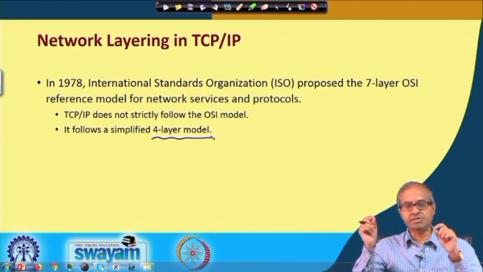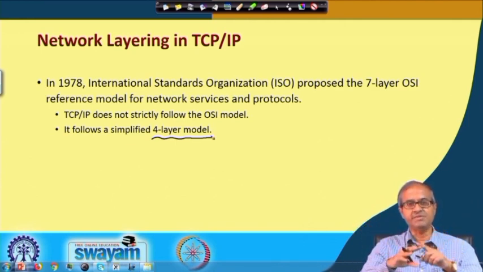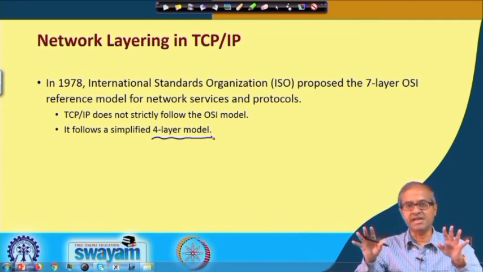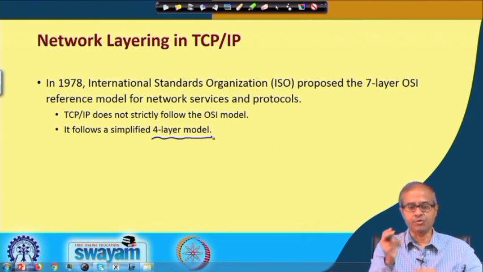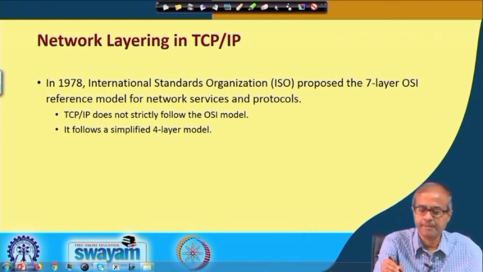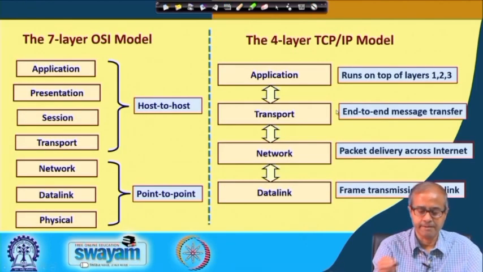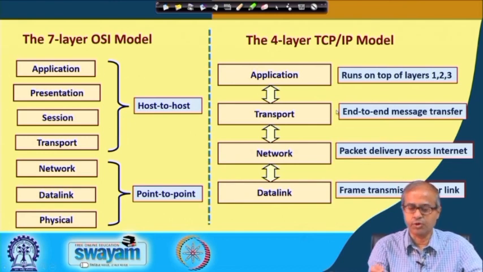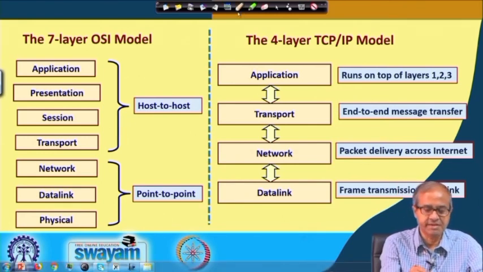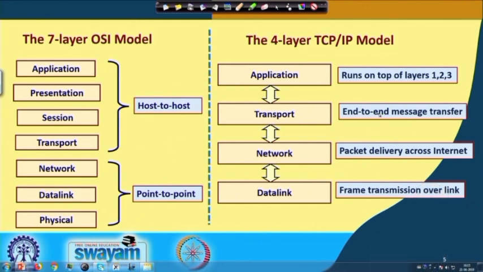So, in contrast to the 7-layer OSI model, TCP/IP has only 4 layers. Let us try to see these layerings side by side and try to make a comparison. Here you see the 7-layer model on the left and the 4-layer TCP/IP model on the right.